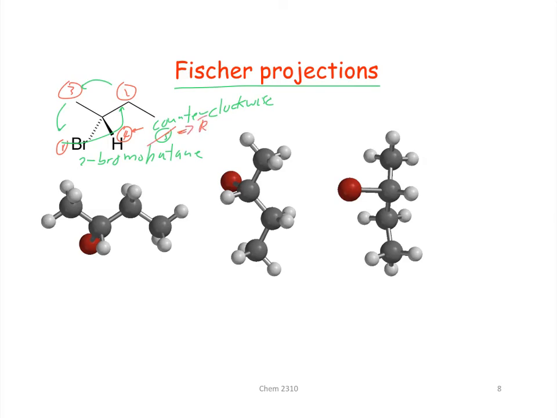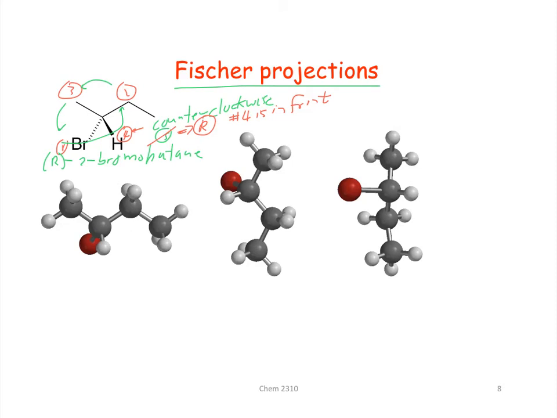It's going to be R because number 4 is in front. All right, so this is R2-bromobutane.